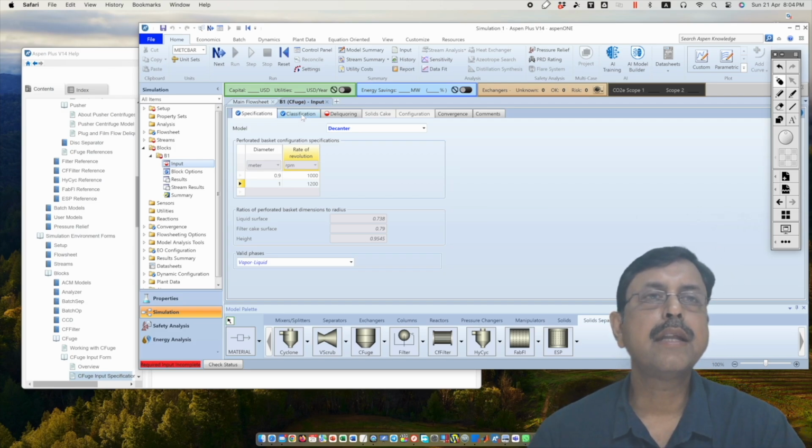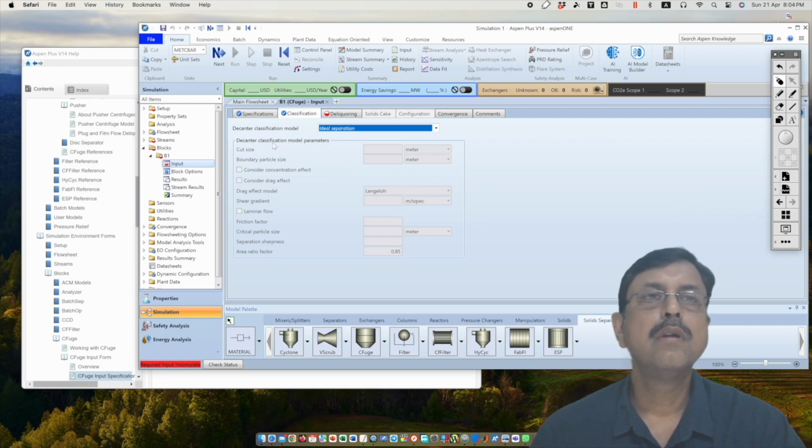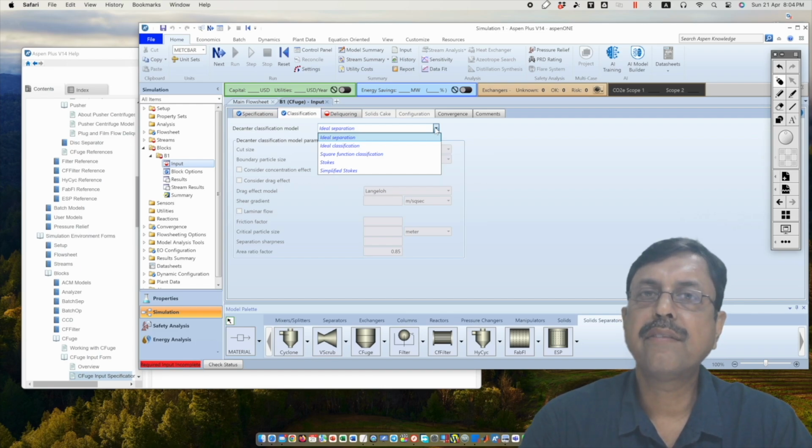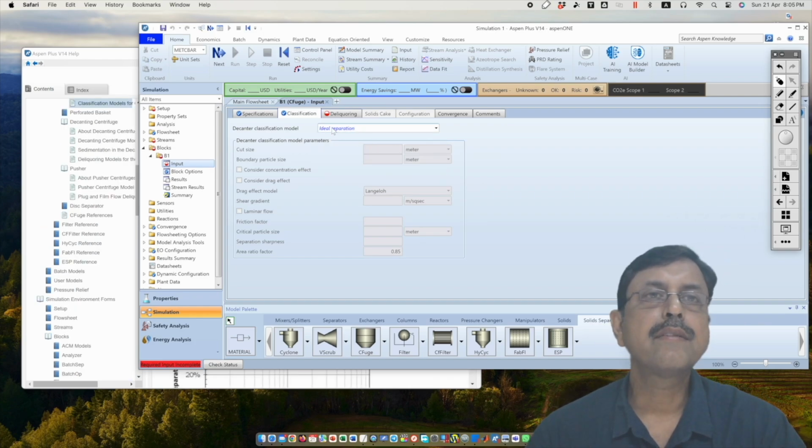Now in decanter type, you have to give a classification model. There are 5 types of classification models that you can mention: ideal separation, ideal classification, square function classification, Stokes, and simplified Stokes. First, let us understand what is ideal separation.